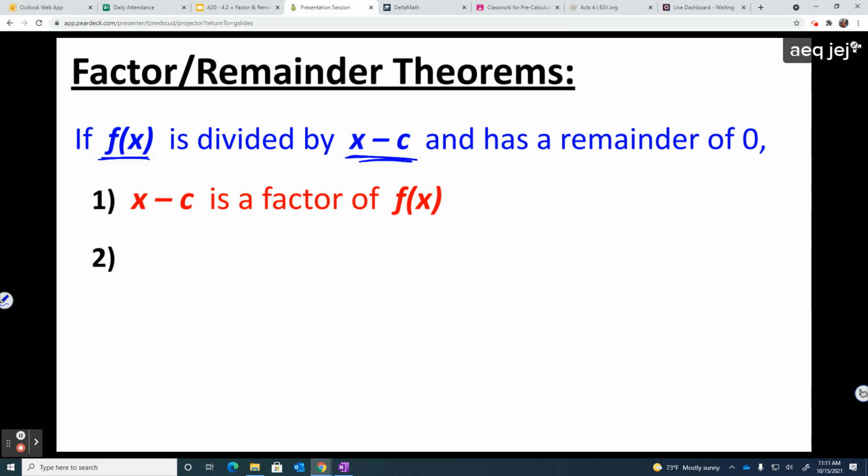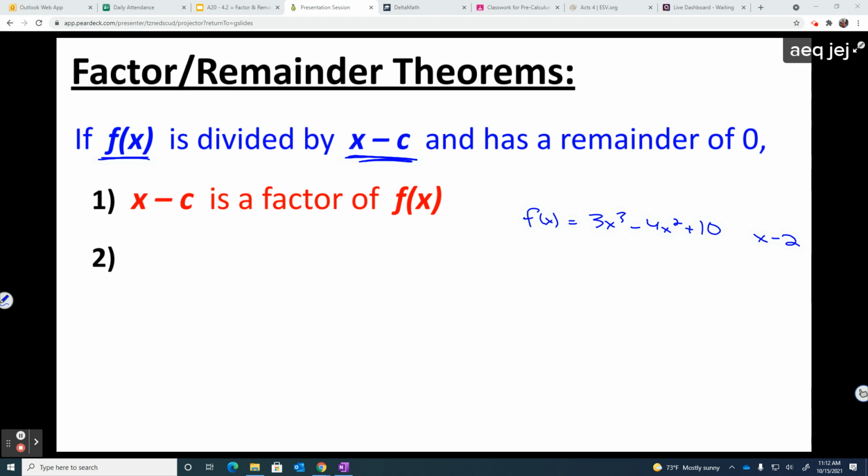It'll make a little more sense when we look at an example, obviously. But if we take a function, we can just make one up here. Let's say a function 3x cubed minus 4x squared plus 10. And if I were to divide this function by a factor, say x minus 2, and I got a remainder of 0, that would mean that this is a factor of that.